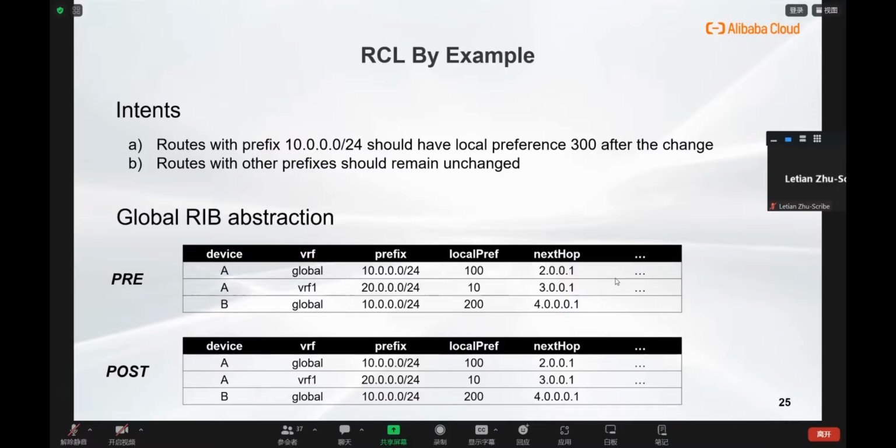Just out of curiosity, do your operators complain about having to use such a language, which maybe sounds a little bit out of their comfort zone? Do they have any complaints about that?